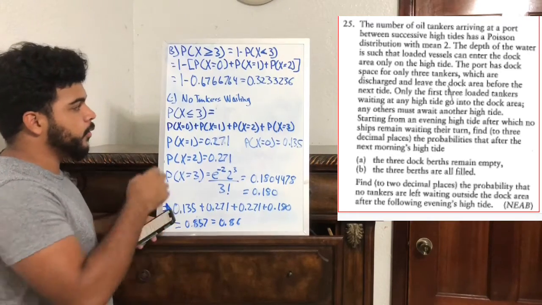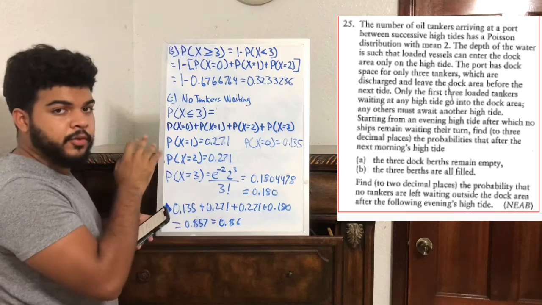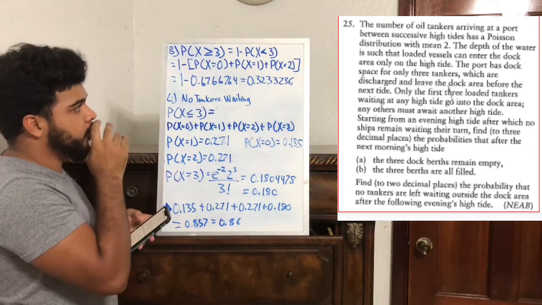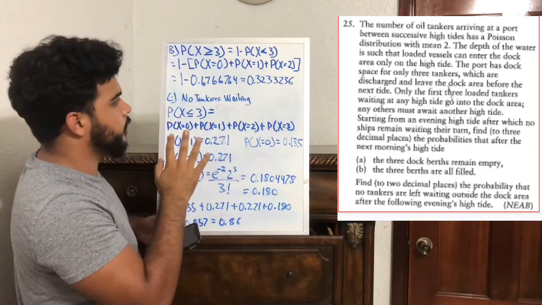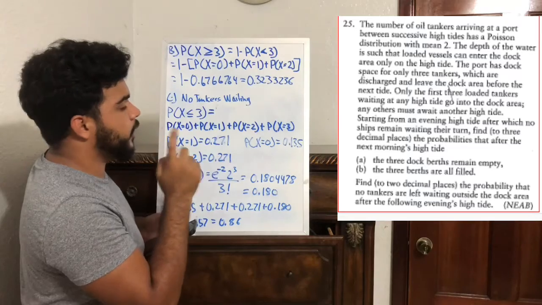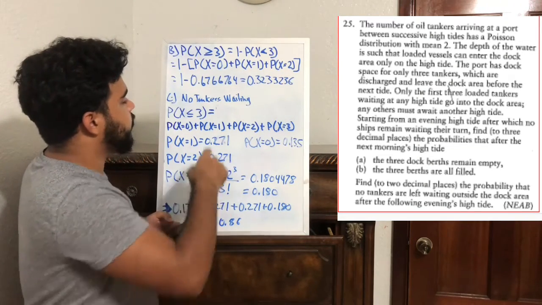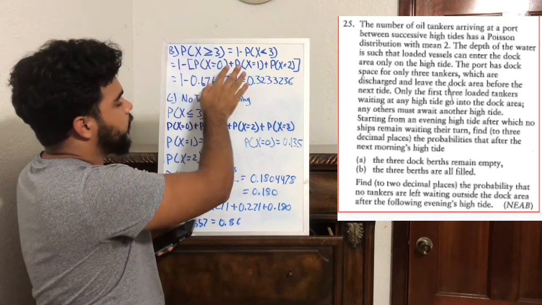Now I will be going over C, but before I go over C, I don't think that I did B complete justice, because I believe I said that I would just limit it to 4 cases, which is if it has 1 tank, 2 tanks, or 3 tanks. But actually, what this is saying is that it's greater than or equal to 3.